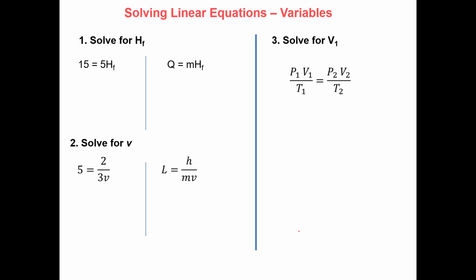Then what we can do is think some of the variables are numbers. For example, in the first equation, we need to solve for h. Yes, we need to solve for this variable, h. Then in this equation, the same thing we had to do.